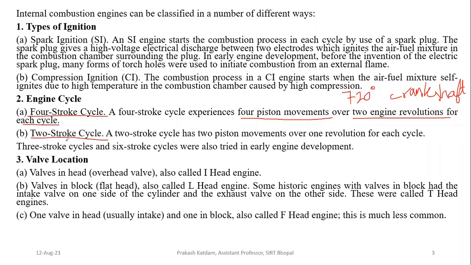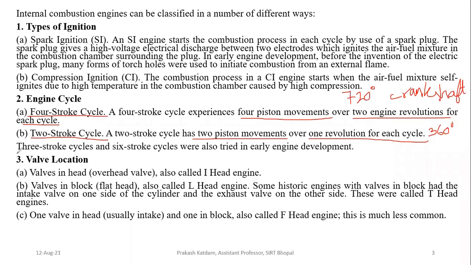Then we have a 2-stroke cycle engine, which will have 2 piston movements over 1 revolution for each cycle. That means the total revolution in this case will be about 360 degrees.